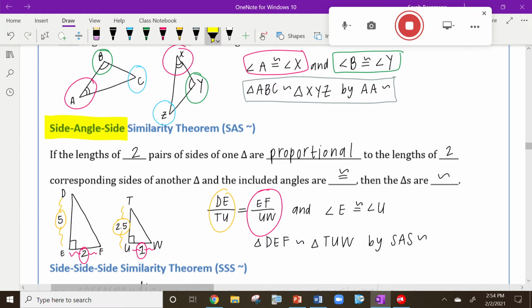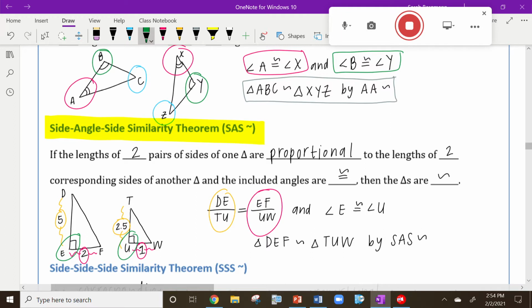Next, let's talk about side-angle-side similarity theorem. So just like with side-angle-side congruence postulate, we have to have the angle pair between the two sides. So in this case, we have angle E and angle U are between the two pair of sides that we know are corresponding. Now, the lengths, it's a little different.